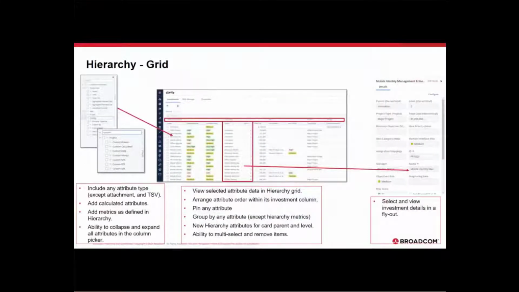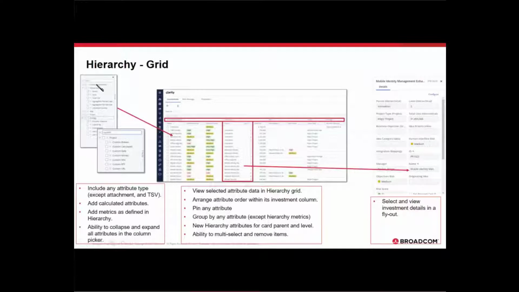Next, let's go into the grid view of the hierarchy. So once inside my hierarchy and I go into the grid view, going from left to right, I have the following options. I can add columns from any of the investment types that I have included in my hierarchy.